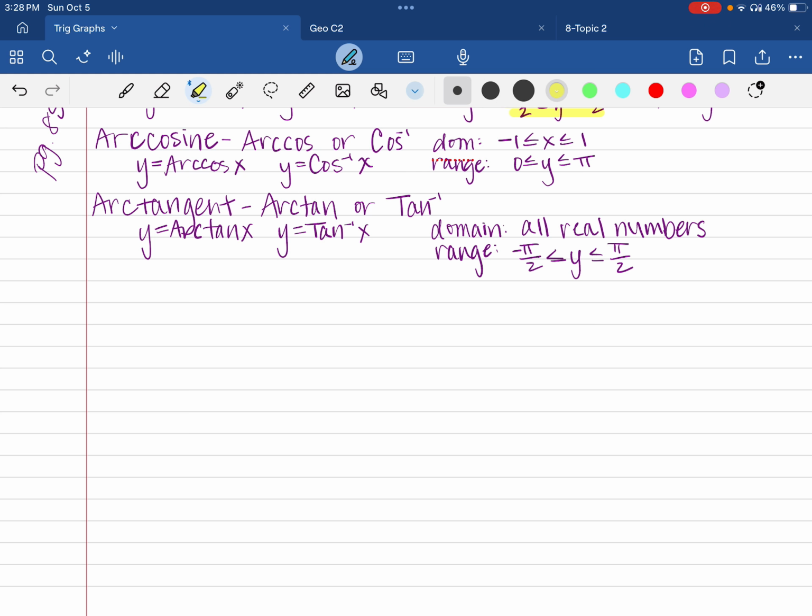So again, when you have a function with, say, some point x, y, the inverse of that, we're switching the x's and y's around. Okay.